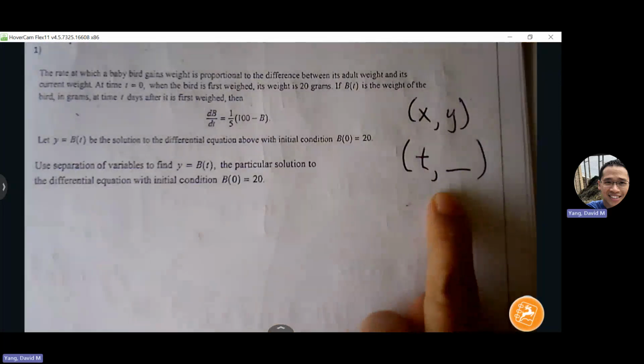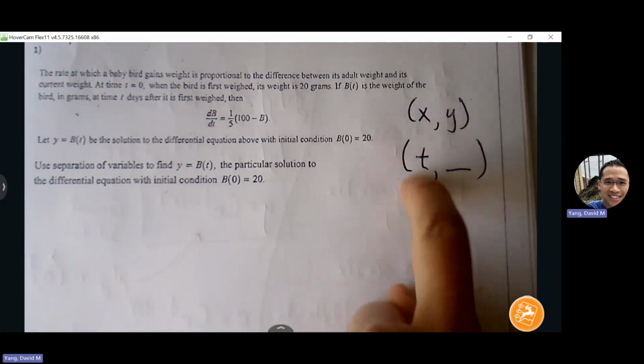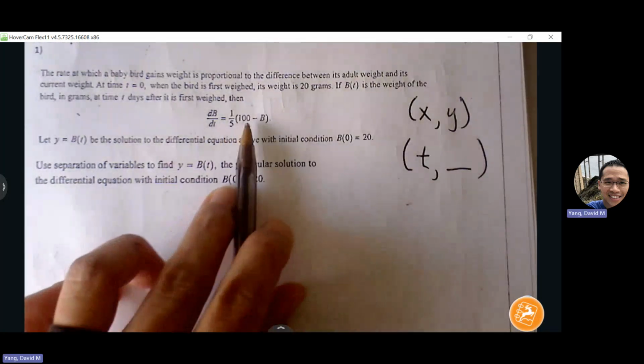It's always going to be time with some other random variable. So if you see t show up, t is your x. Instead of x, it's going to be t, and whatever other variable we see, it could be w, z, m, n. In this case, it's b.